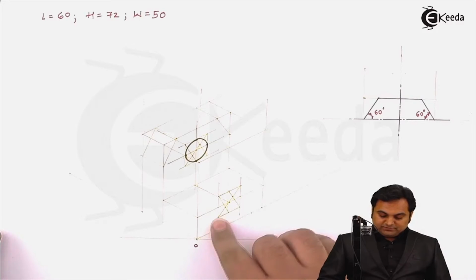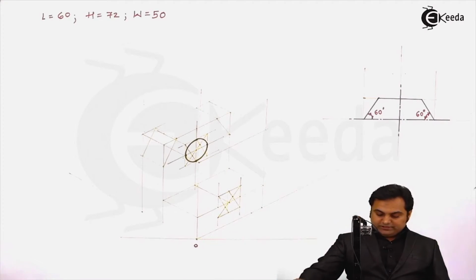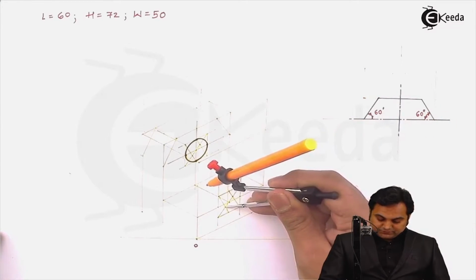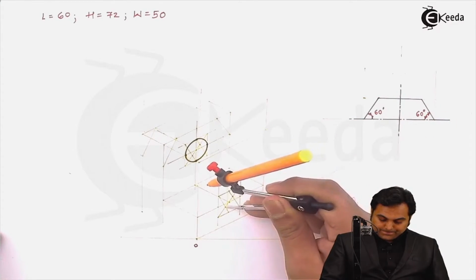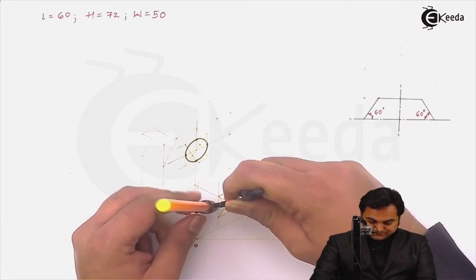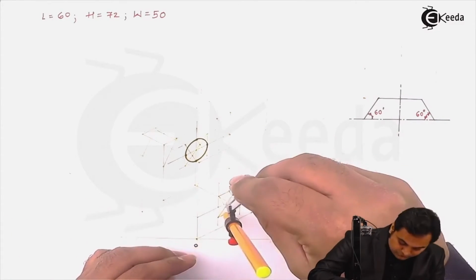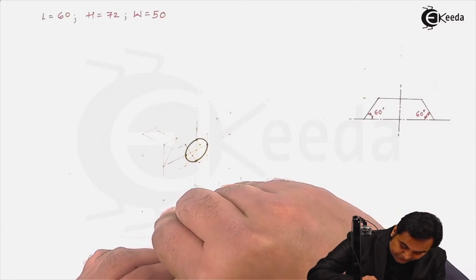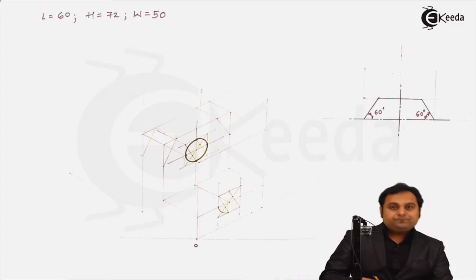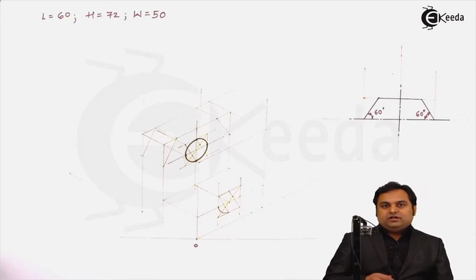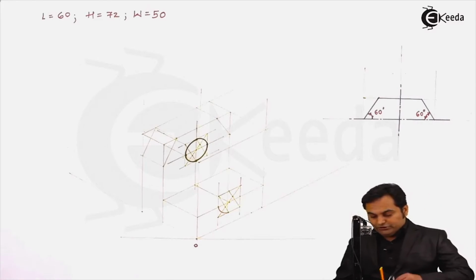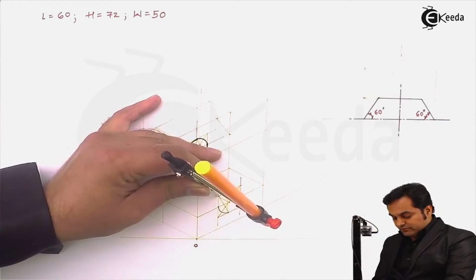and I have to draw the semicircular portion. So for that, I'll take the distance from this center and taking this much radius, drawing a light arc. Then, since it is a semicircle, I want that semicircle only up to this particular point. So for that, I have to take the radius from this side.